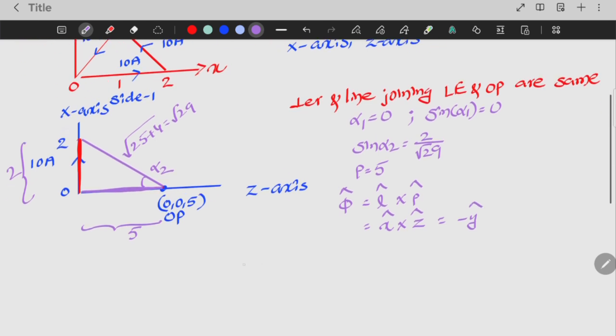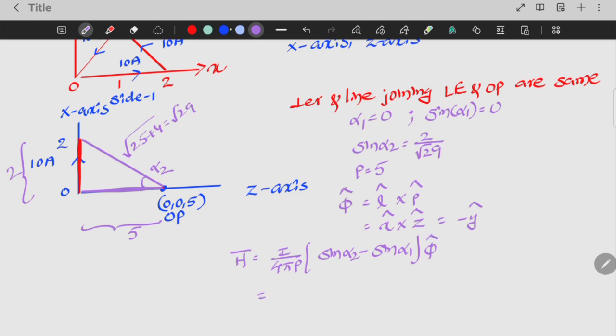So finally, H bar is equal to, I can use the formula, I by 4 pi rho times sin alpha 2 minus sin alpha 1, or plus sin alpha 1 also you can take, there is no problem, because here alpha 1 is 0, times phi cap.